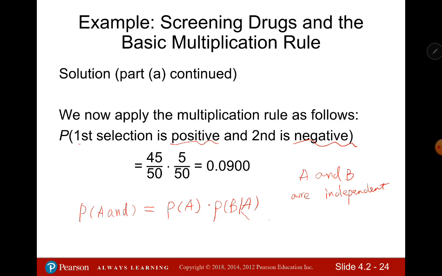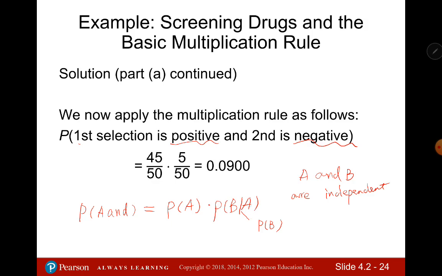So probability B given A is just the same as the regular probability, because A happening or not will not affect the probability of B. So with condition or without condition, they're just the same thing.